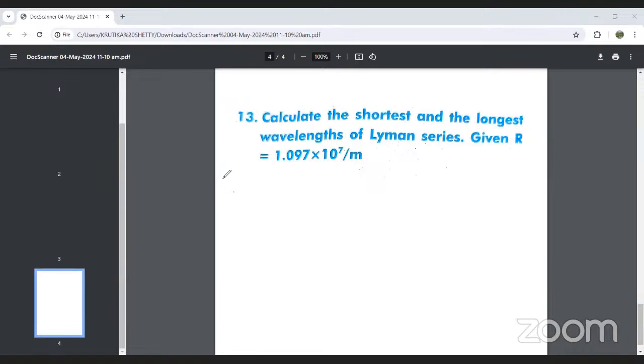Calculate the longest wavelength. See which series they are asking: for the Lyman series, second one for the Balmer series, and the third one for the Paschen series.